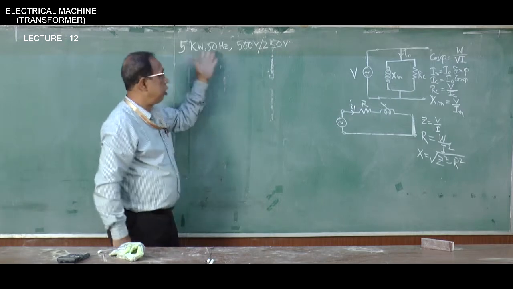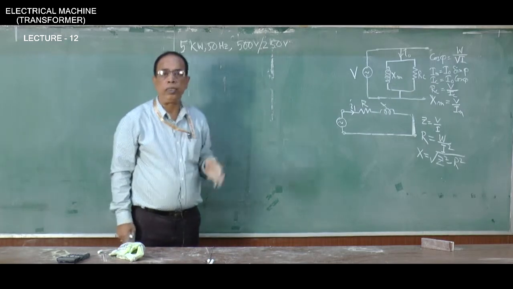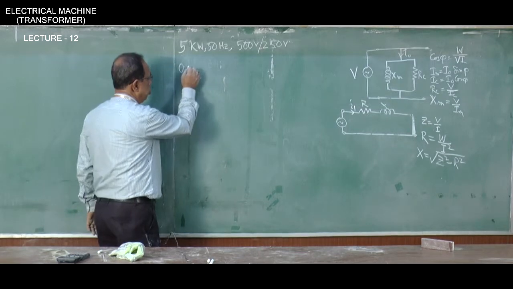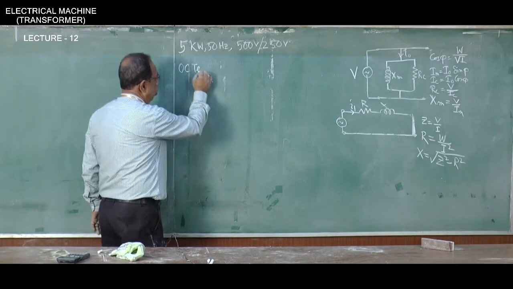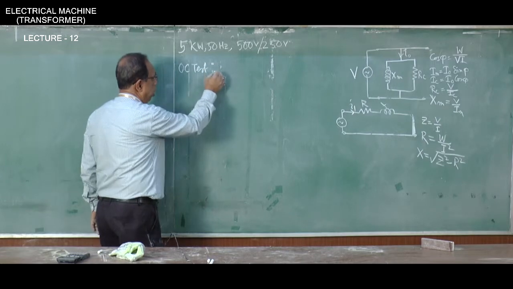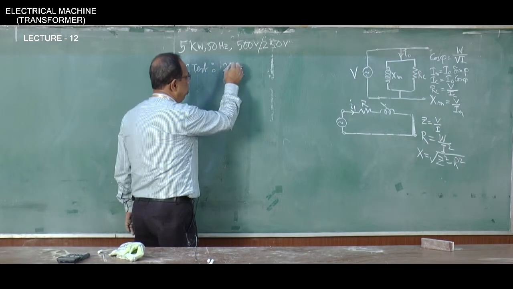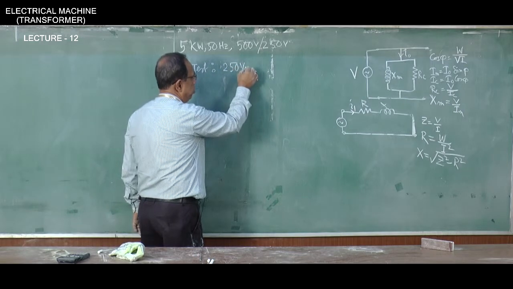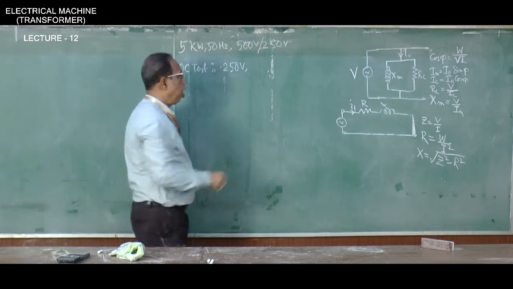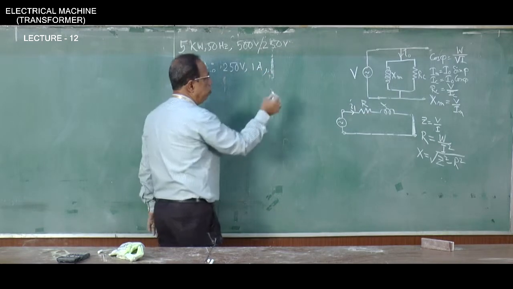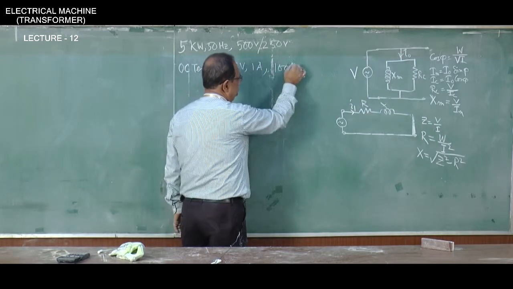So, on this transformer, the open circuit test is done, we call it OC test. It is found that when 250 volt was applied, current was found to be 1 ampere and wattmeter reading was 100 watt.